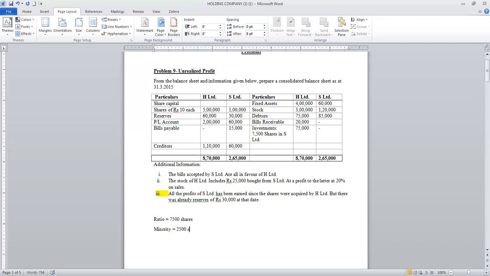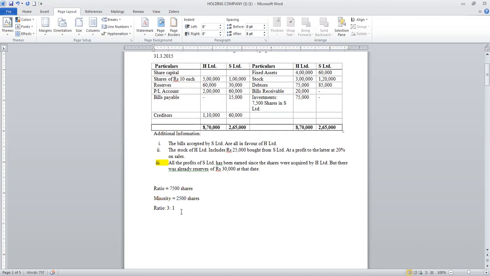So the ratio is 7,500 to 2,500, which is 3 to 1. Any profit or loss will be shared, with 3 parts going to H Limited and 1 part to the minority.